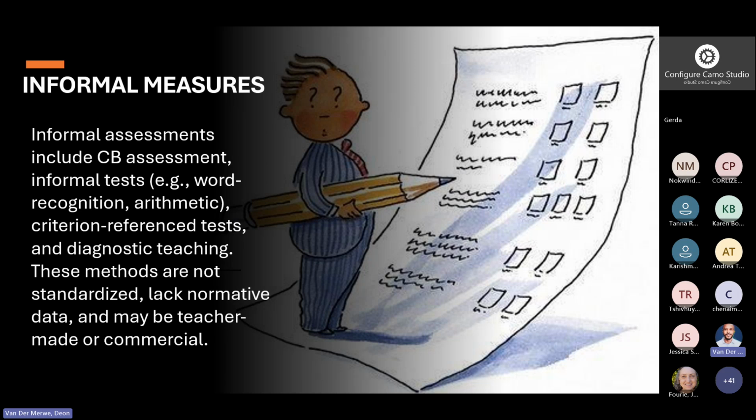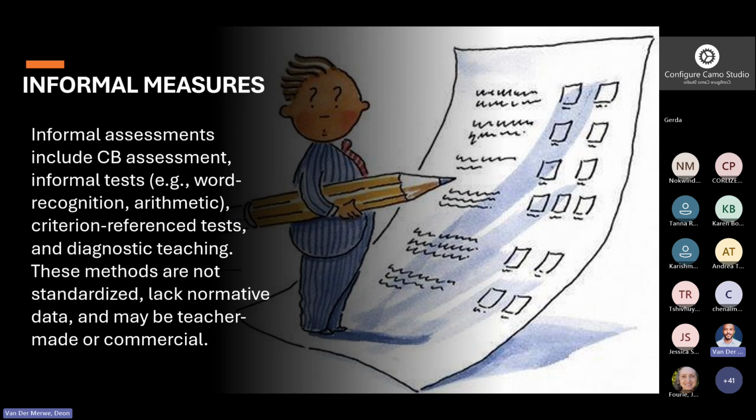And these can be either teacher-orientated or teacher-created tools, or it can be commercially informed tests. Now, informal assessments are just really practical because they assess learners based on the materials as well as the activities they're already working with in the classroom.